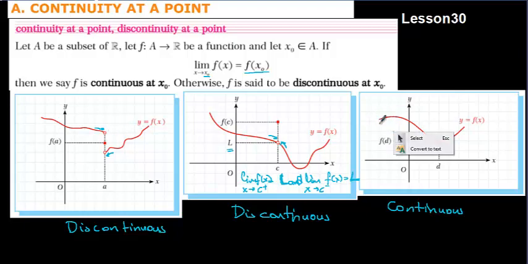As you see here, when I move my hand from left to right, I didn't shift my hand. Here I have to shift. I am coming like this, and I have to stop here because the function is not continuous here. Then I have to continue from the other part. That's why these two functions are not continuous, and the third one is continuous.